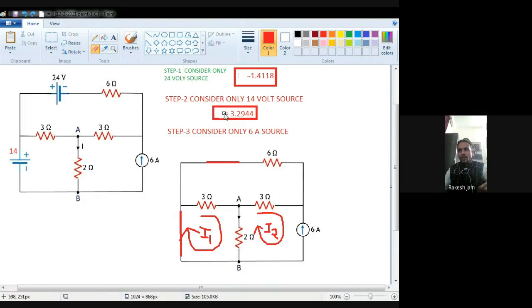I1 is equal to 14 plus 2.472, that is equal to 16.472. Now divided by 5, so that will be equal to 3.2944 ampere.